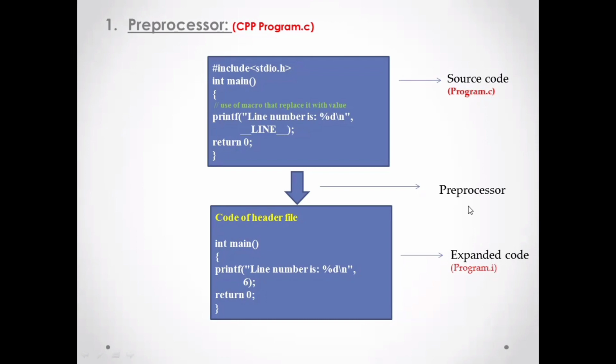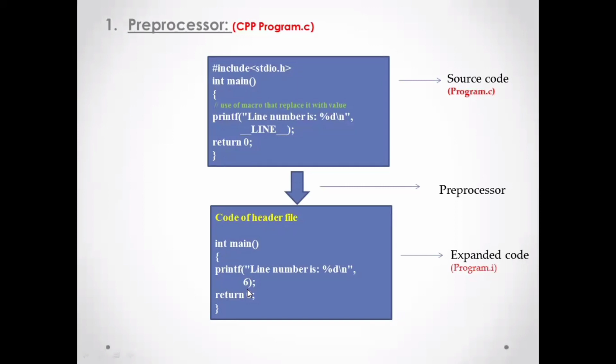The role of the preprocessor is to include the code of the header files, remove the comments, and replace the macro text with its value. We will discuss header files, comments, and macros later in the series.